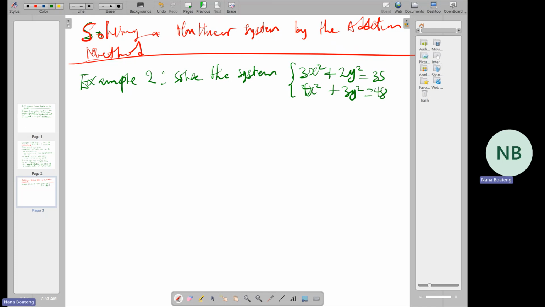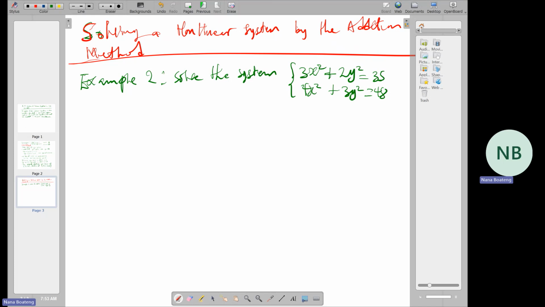All right. So the first thing is let's rewrite these equations in standard form. That means we put everything on the left, and the only thing left on the right will be zero.